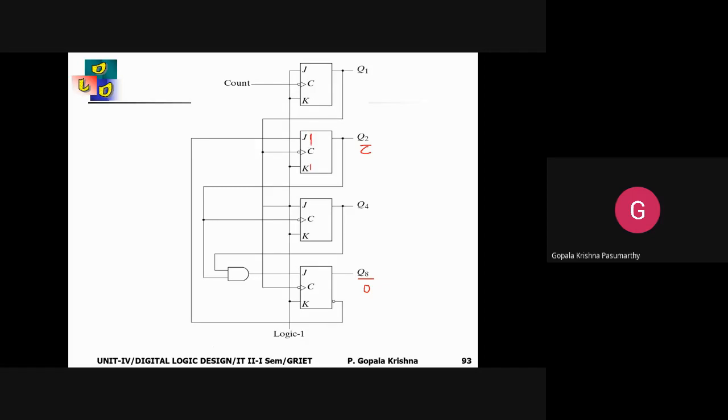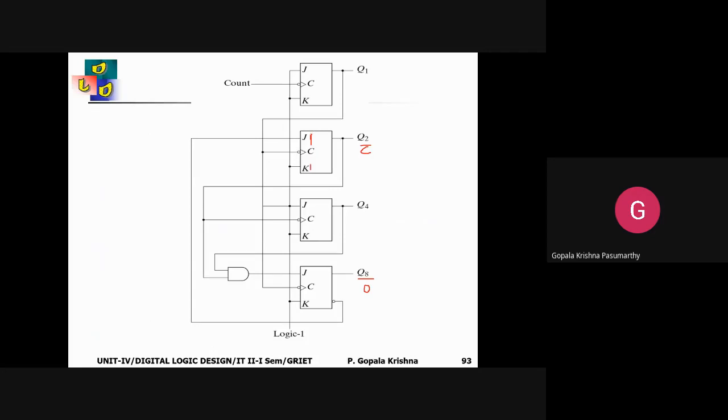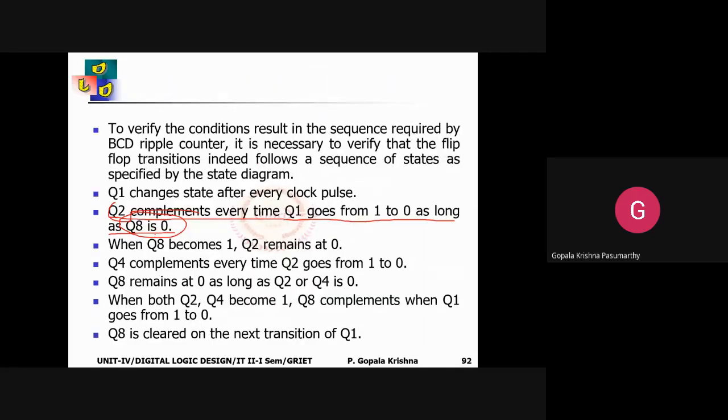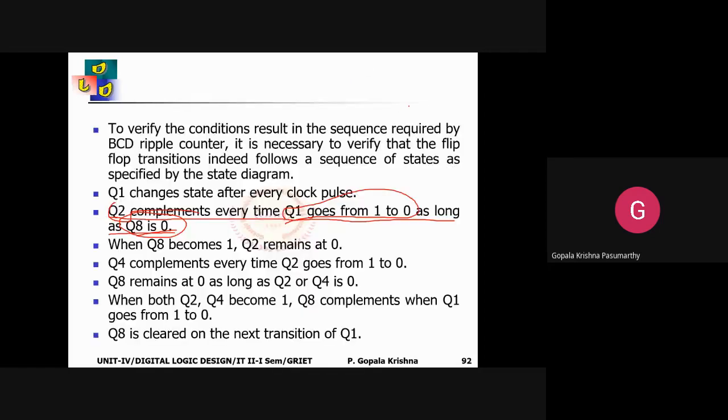The clock is connected to Q1. That's where I wrote Q2 complements when Q8 is 0 and Q1 goes from 1 to 0. So when Q1 is 0, this clock is active. When Q8 is 0, J is 1, K is already 1, so Q2 is ready to be complemented.